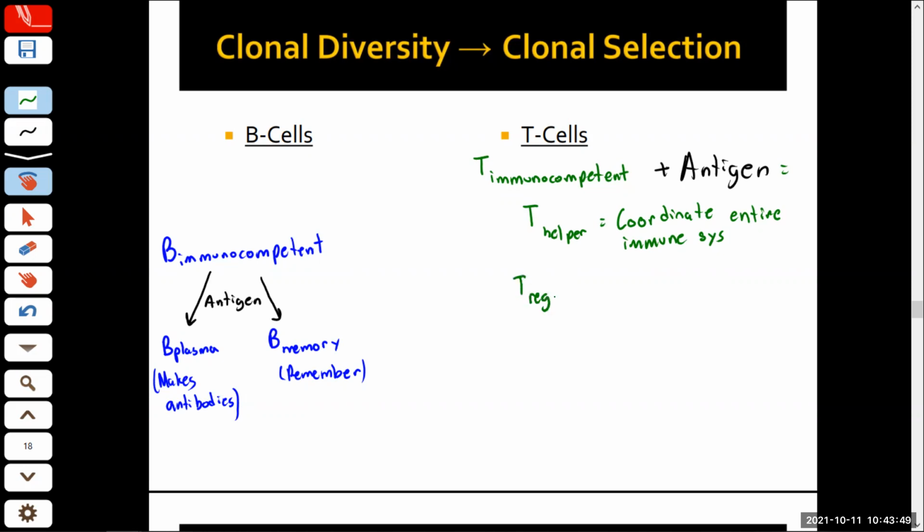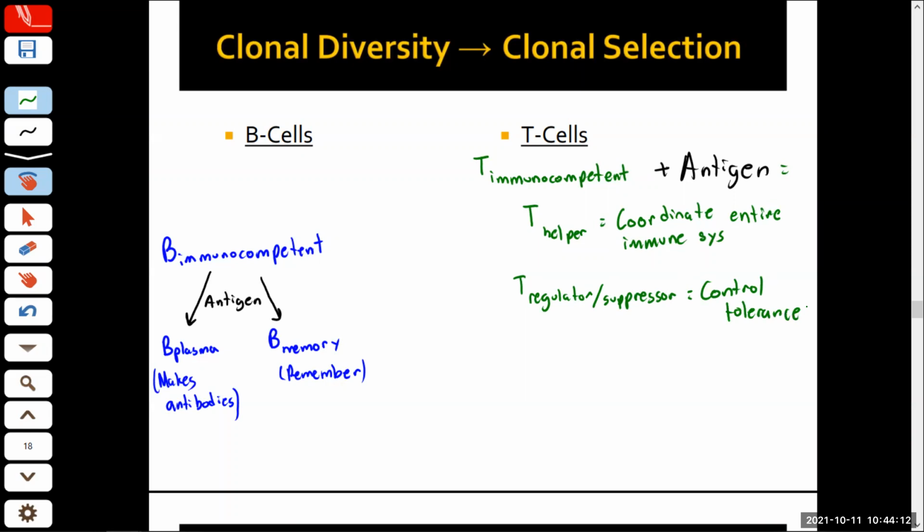T regulator or suppressor. Actually, I should just write these out, sorry. Regulator or suppressor. I call them T regulators more often than not. These control tolerance.